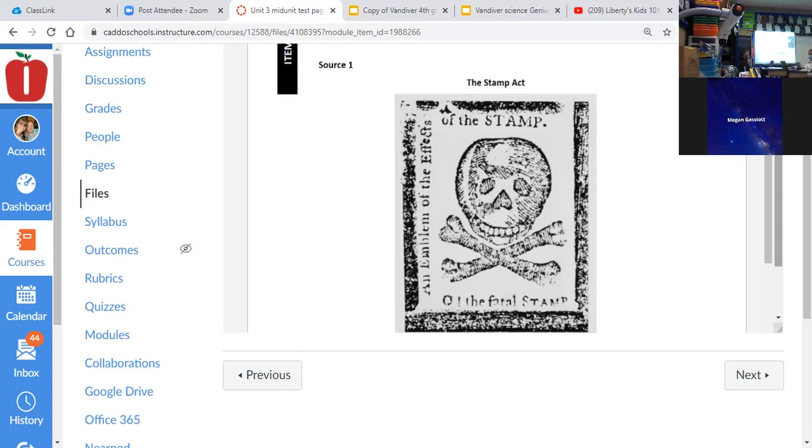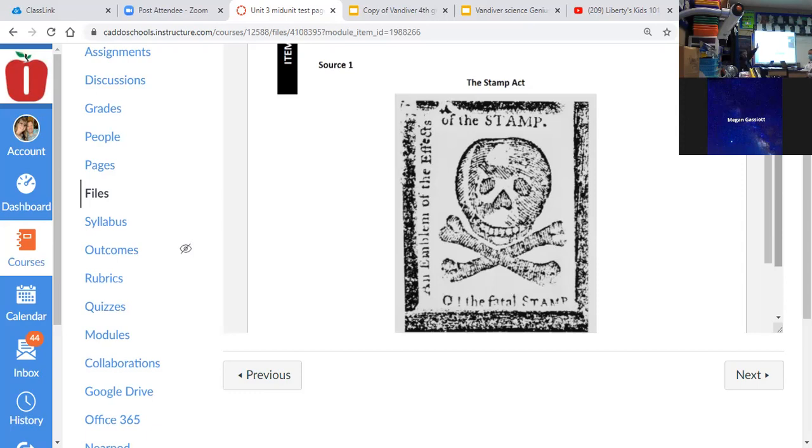Who do you think made that picture depicting the Stamp Act? Do you think that was a British person, or an American colonist? Someone loyal to the British? No, a patriot, someone who's really irritated with the British for making the Stamp Act.